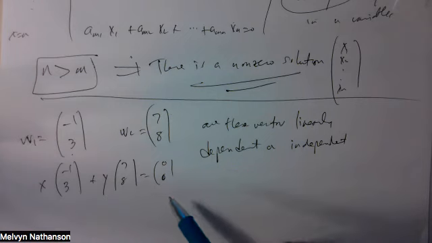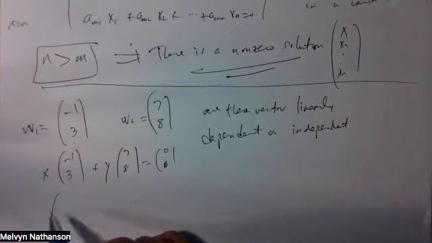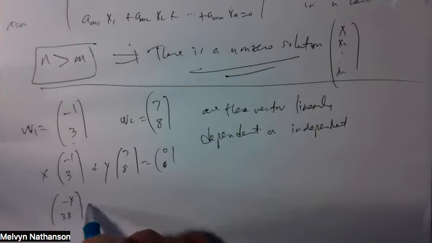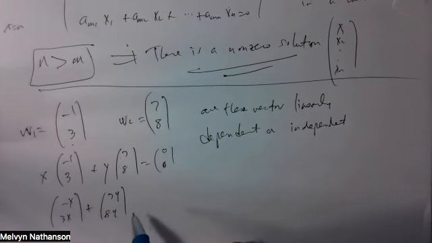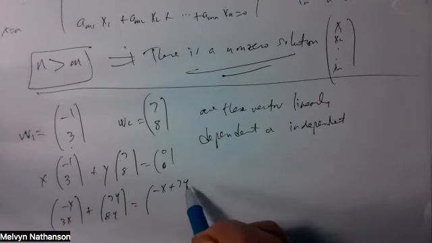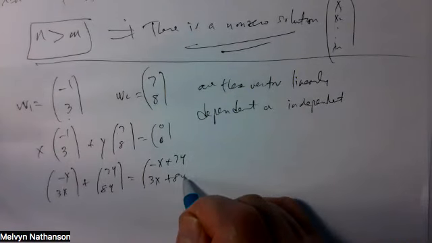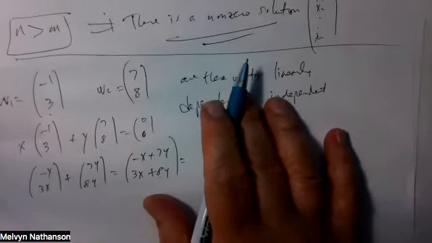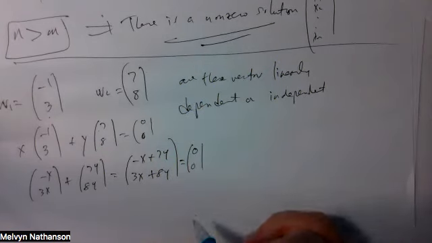We want to find x and y that satisfy this vector equation. So x times this vector is -x, 3x, and y times this vector is 7y, 8y. And if I add these together, I get -x plus 7y and 3x plus 8y. And I want to know for what pairs x and y is this equal to 0.